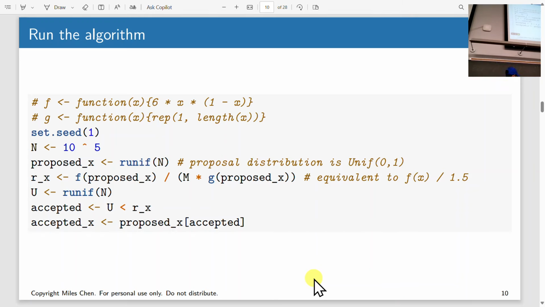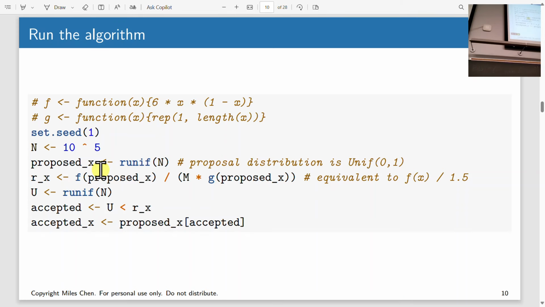Let's say x comes from the uniform, and I get 0.3. Then I calculate this ratio: m times g of x is 1.5 for everything, and f of x is 6 times x times 1 minus x.